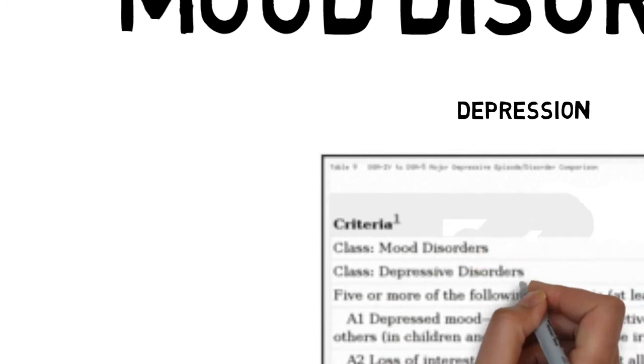And the college years are a time when the first onset of depression is very common, as well as other disorders like bipolar disorder, manic depression. In the late adolescence, early 20s is often when people will experience this. So I want to start off by talking first off about unipolar depression.